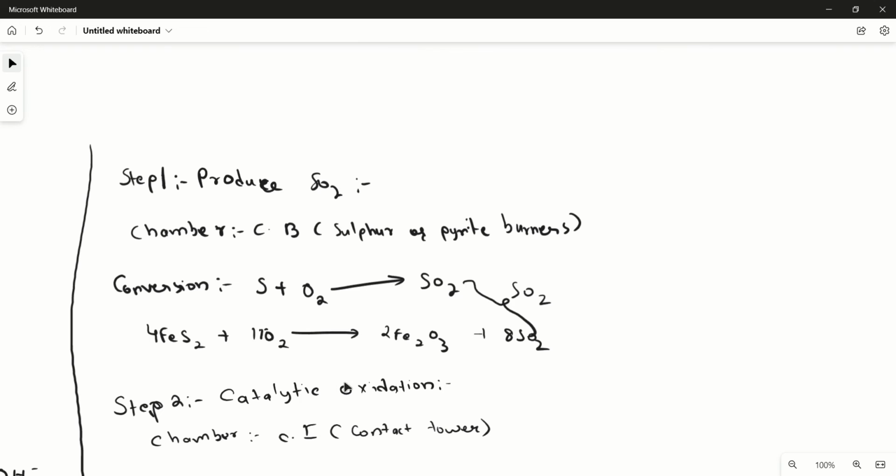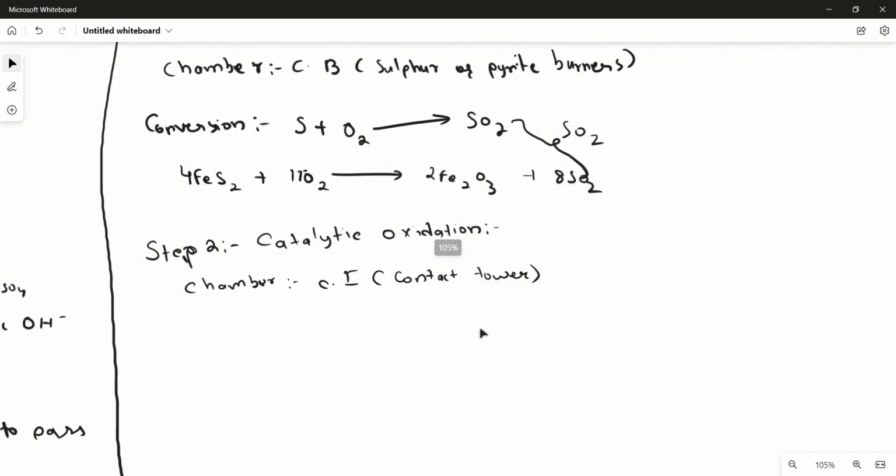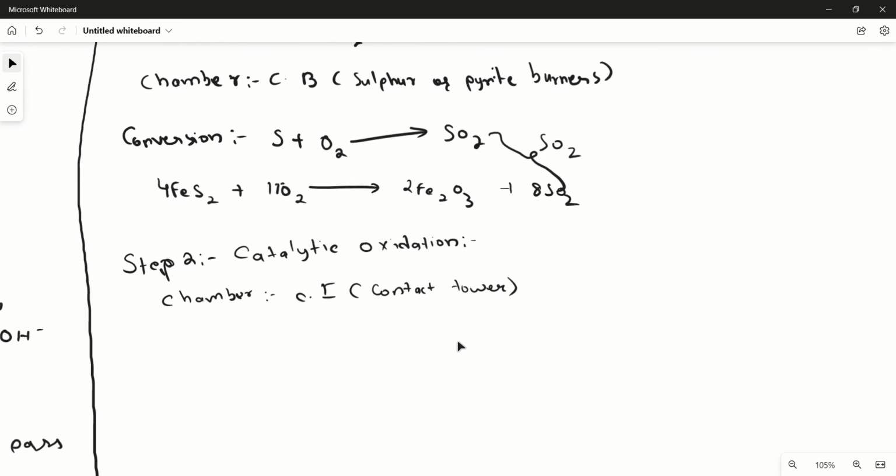Chamber I, the contact tower. So we have the conversion.